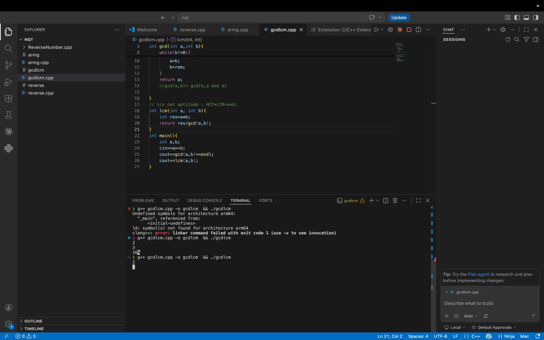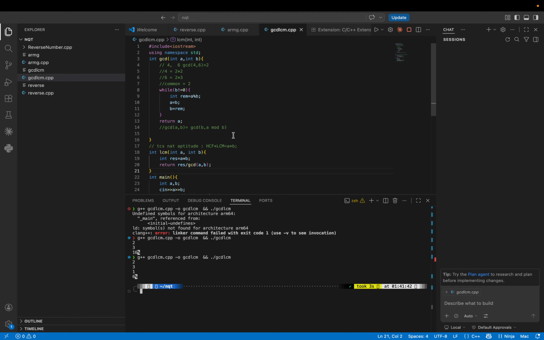Now if I do 2 and 3, 1 is the GCD and this is the LCM. Good to go now. We just need to remember that I'll get B here and here is A mod of B. So I'll find A mod of B, set it to B, and then my B is whatever the remainder is.